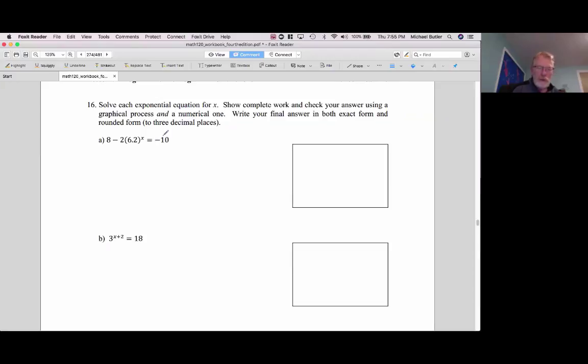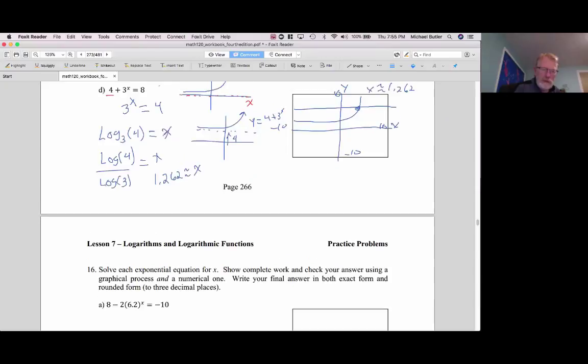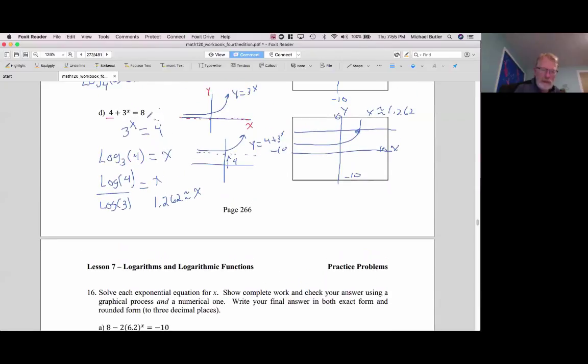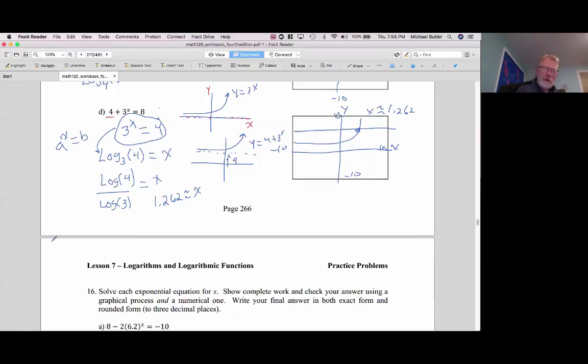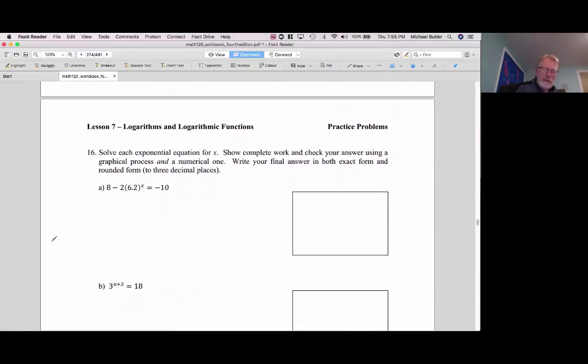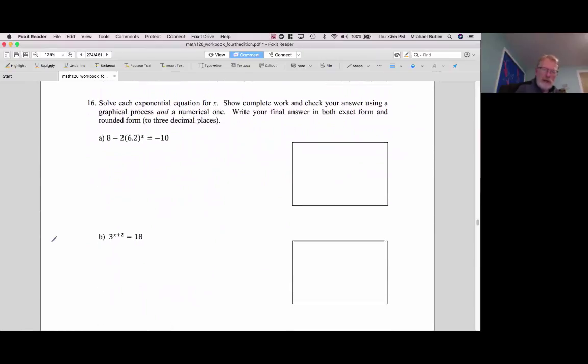All right, so a big hint from problem 15 is that once I've got it looking like a to the x is equal to b, then I simply have to bring out the logarithm and I've got it solved, all right? So in 16, you need to do some algebraic steps first to isolate that exponential.